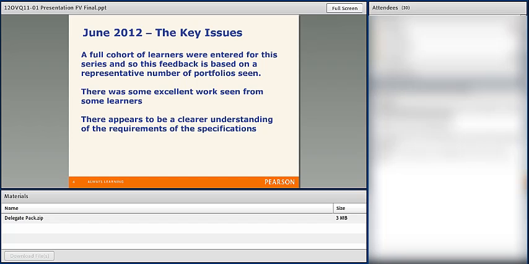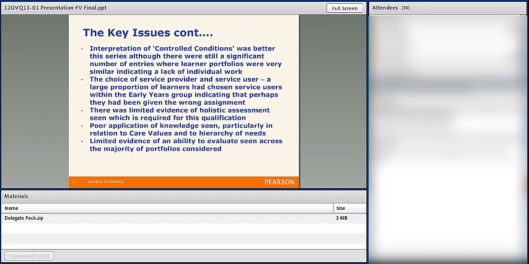And as in previous years, there was some excellent work seen from some learners. Some centres had clearly got their head around the qualification and understood how to provide the evidence, and perhaps importantly for you, understood how to assess the evidence. There appeared in the summer to be a clearer understanding of the requirements of the specifications over and above 2011. However, there were still some issues remaining.